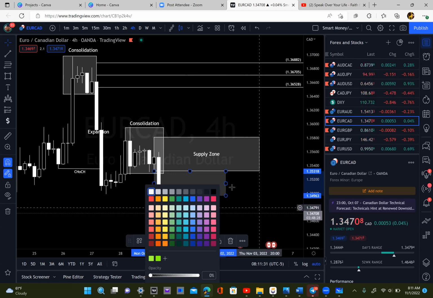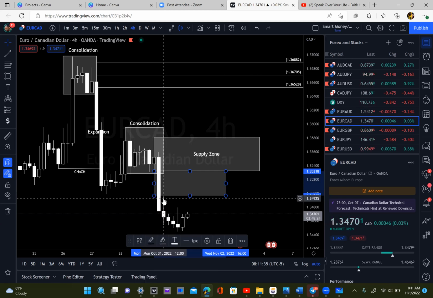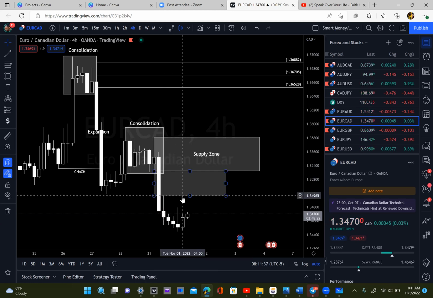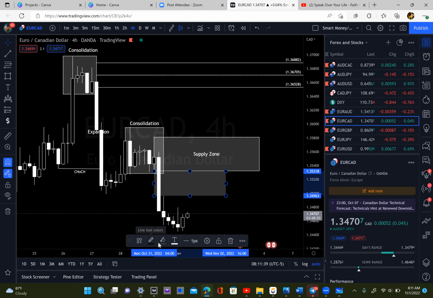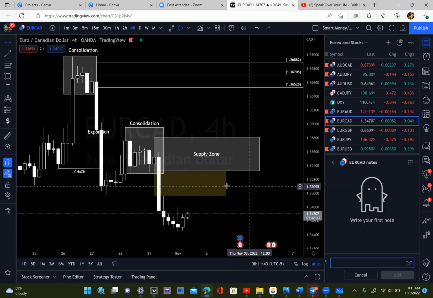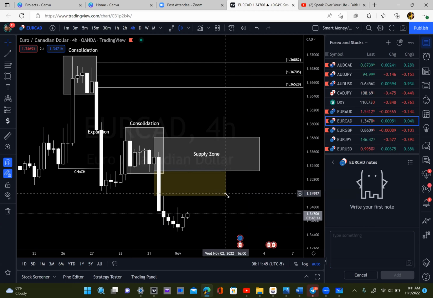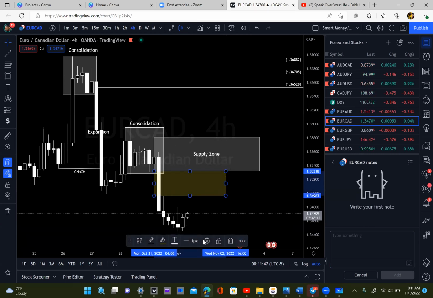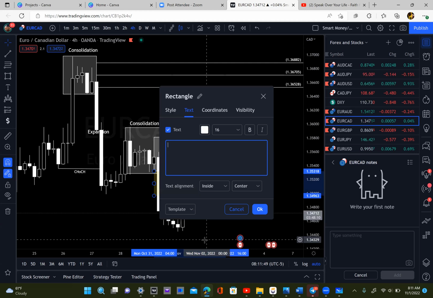Boom. And I'm going to change this color to yellow. All right, and we're going to label you as well. Inefficient price action.